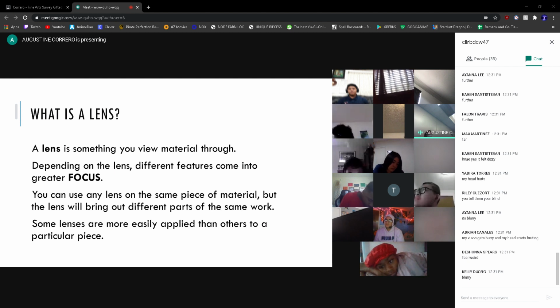It's going to make ants look bigger. It's going to make words look bigger. It's going to make leaves look bigger, right? So you can apply the lens to whatever. But if you use a magnifying glass on a building, it's not really going to help you that much, is it? Because the building's already big. So how you choose to apply your lens, as we're still talking about physical lenses, can change things.